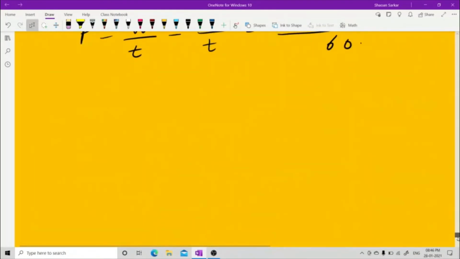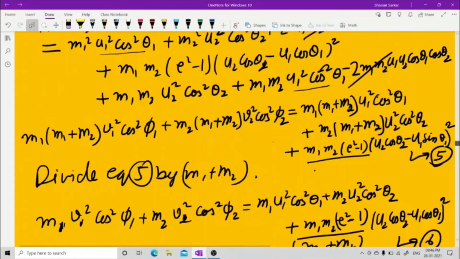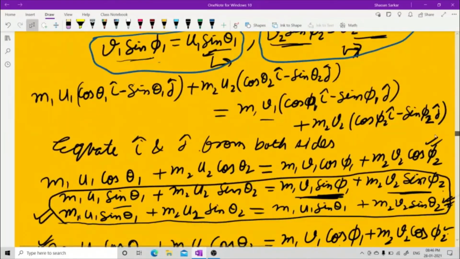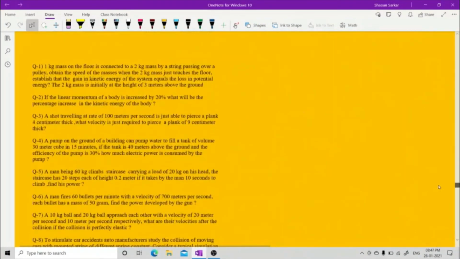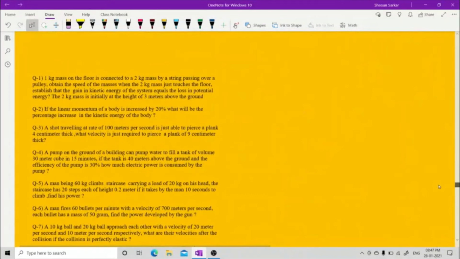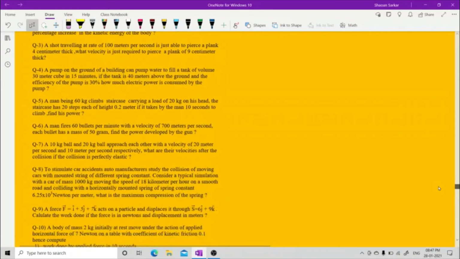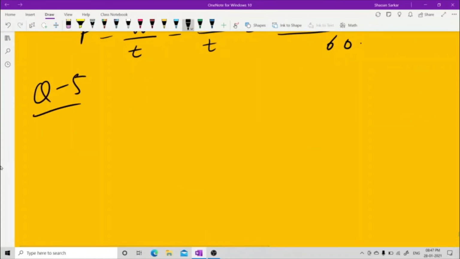Question number 5 says, now what is the total mass?